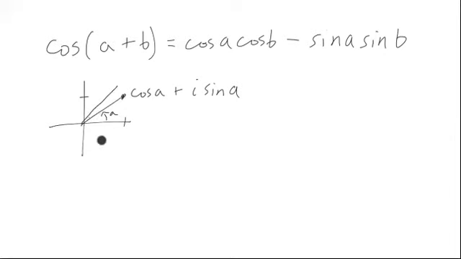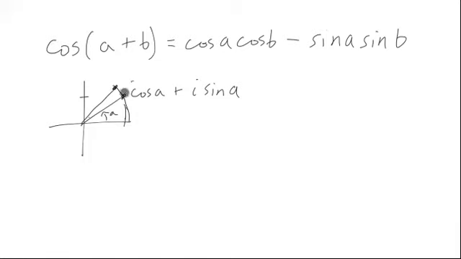Now, what happens when you multiply two complex numbers together that are on the unit circle like this? What happens is it just rotates to the sum of the two angles. You'd have to go back and study that to be convinced of that fact, but nonetheless, multiplying on the unit circle just adds angles.